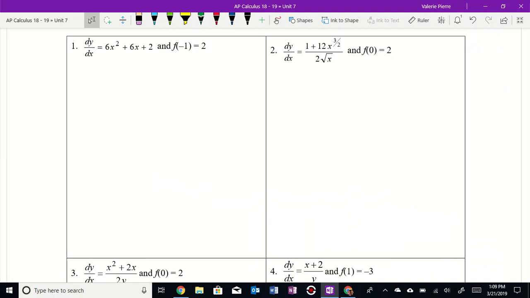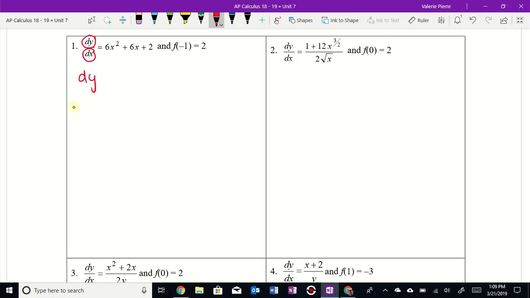So this first problem, we have dy dx is equal to 6x squared plus 6x plus 2, and f of negative 1 is equal to 2. So first thing that we want to do is separate the differential equation. We want to separate all the x values on one side, all the y values on the other. In this situation, our dy is our only y value, so we want to keep that on the left, and we want to move the dx to the other side.